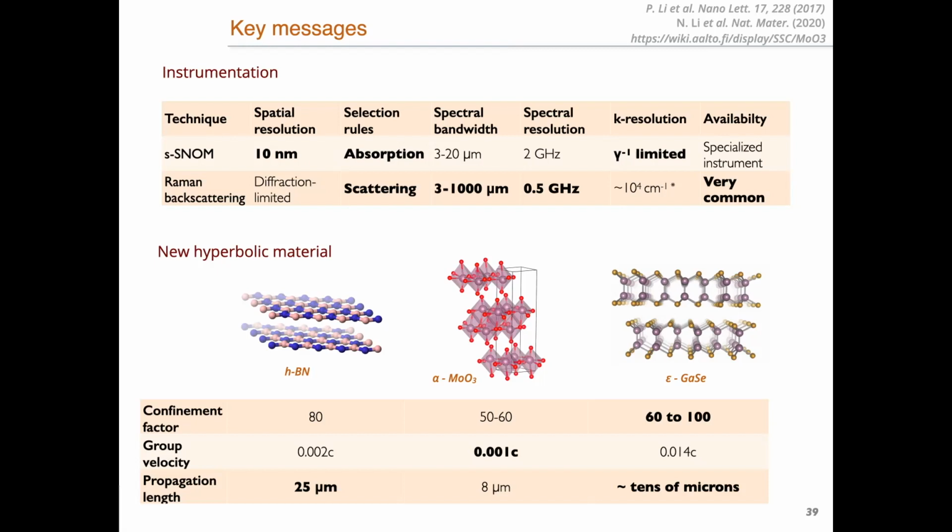And also, Raman spectroscopy has a number of advantages, okay? There's no need for momentum matching strategies, right? So scattering doesn't require this nanostructure or this tip at the surface of the sample.